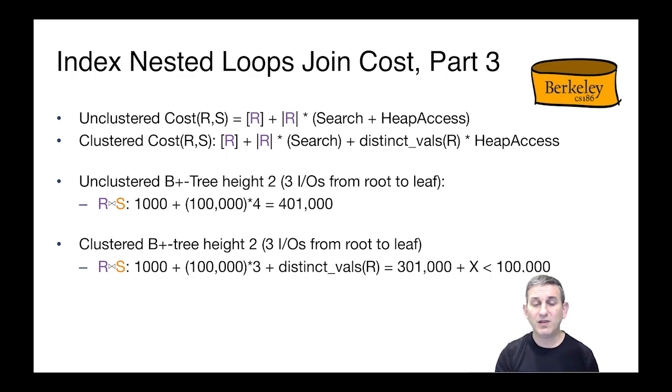For a clustered B+ tree, it's 1,000 for the [R], plus 100,000 times 3 to search for every tuple of R in the index on S. And then it's the number of distinct values of R times 1. So that's 301,000 plus some x, which is the number of distinct values in R. We know that the biggest x could be is the number of tuples in R. It's 100,000. So x is at most 100,000, probably less. And so that's where the potential savings is for a clustered B+ tree in this index nested loops join.